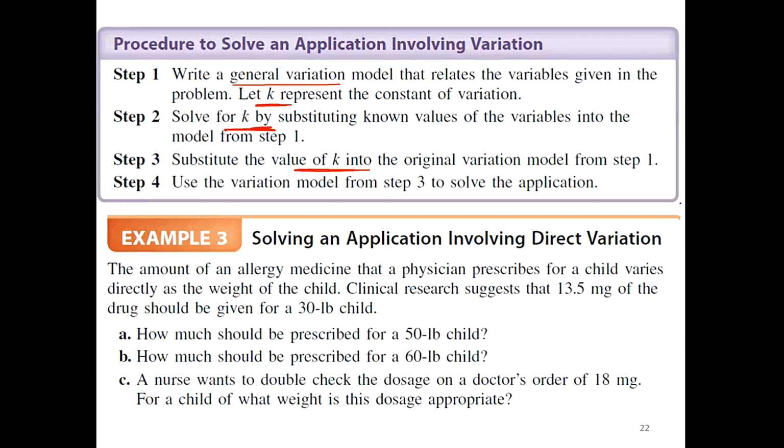After that, we use the model to solve the application. So we have 2 main steps, step 1 and step 2. The most important is to write or determine the variation, whether directly, inversely, or jointly. After that, find K. If we put the variation formula correctly and find K correctly, we can solve the application directly.